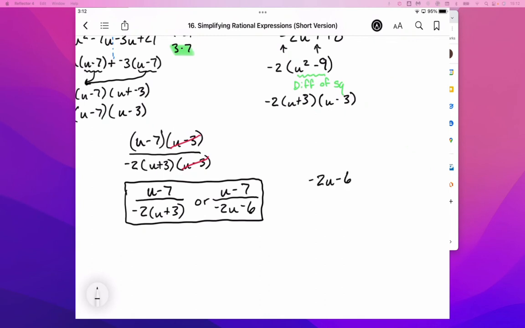So negative 2u minus 6 cannot be 0. So if we add 6, our value of u cannot be negative 3. Otherwise, that would produce a denominator that would be 0, and that is not okay.